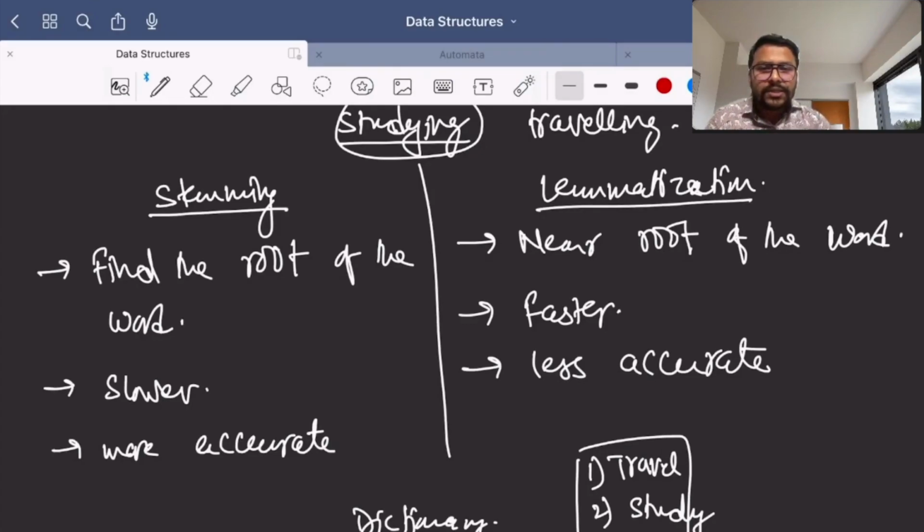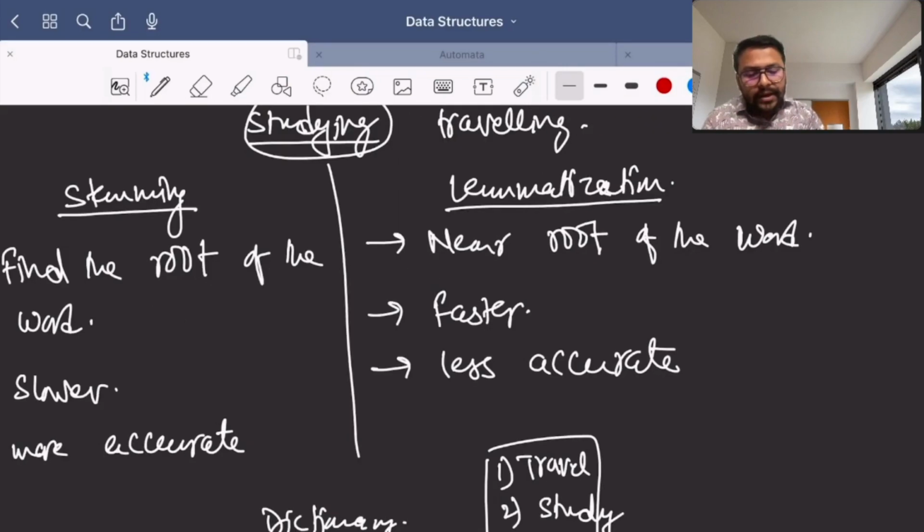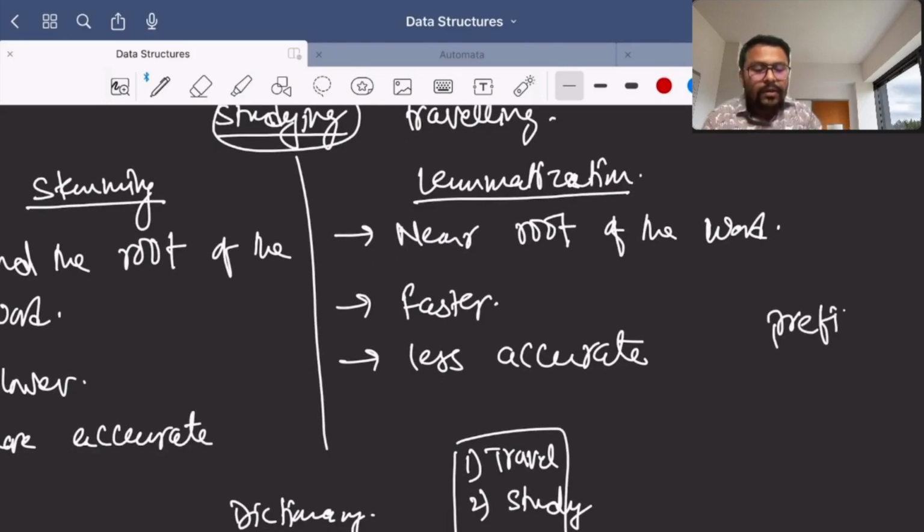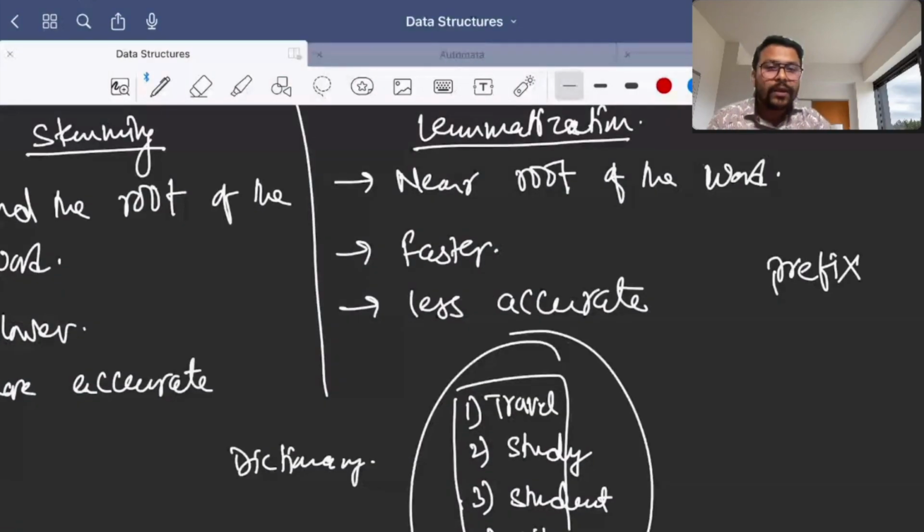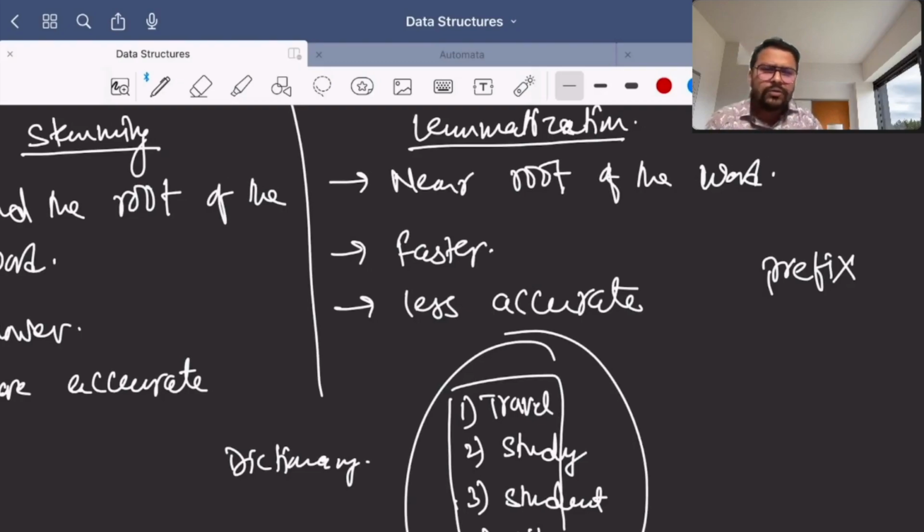So in lemmatization, what it does is it makes a prefix tree of all these dictionary words, and it matches. How to make a prefix tree is another video; we will understand that some other day. Let's try to understand here.